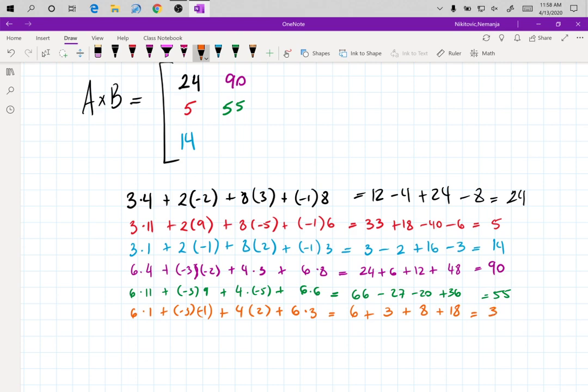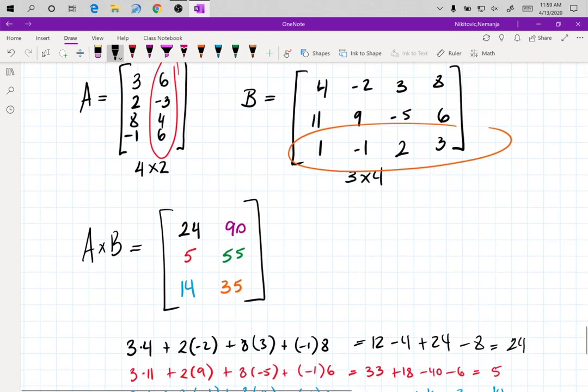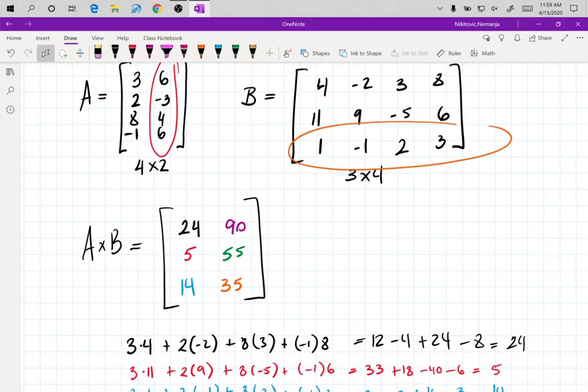So total should be 35, I hope. That's 26, 32, 35. 35. I got this backwards. It's supposed to be B times A. Sorry, B times A there.